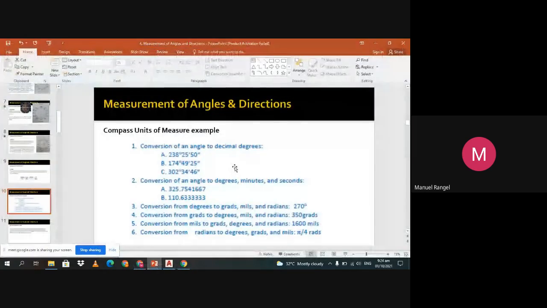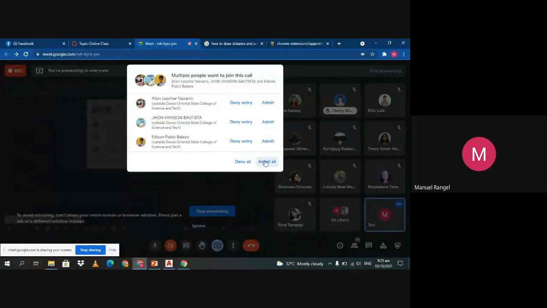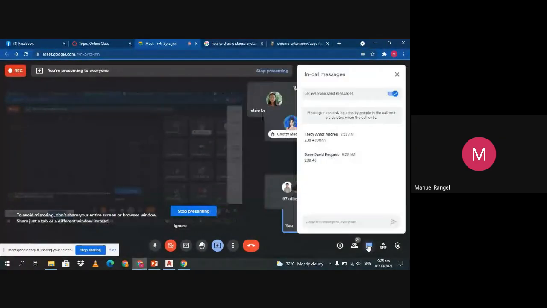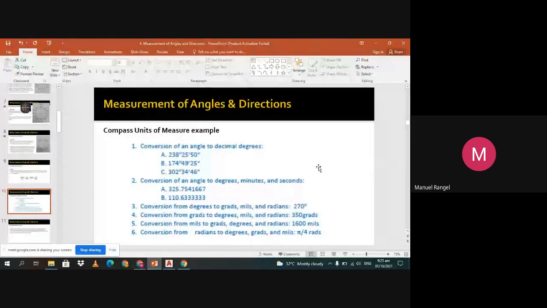For letter B, 174 degrees, 49 minutes, 25 seconds.